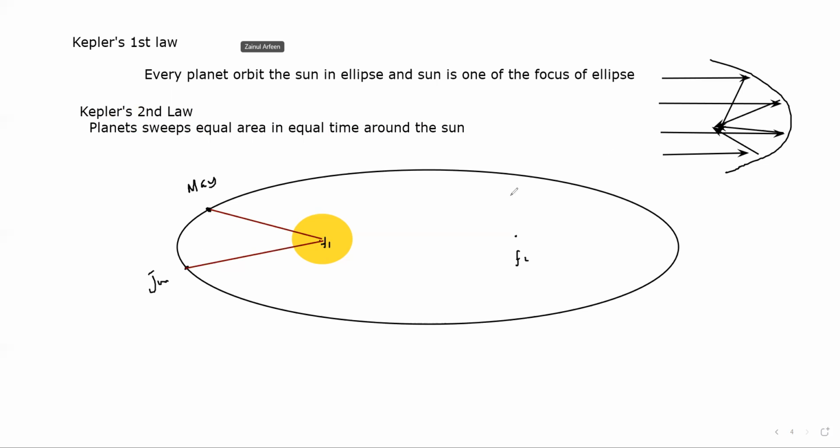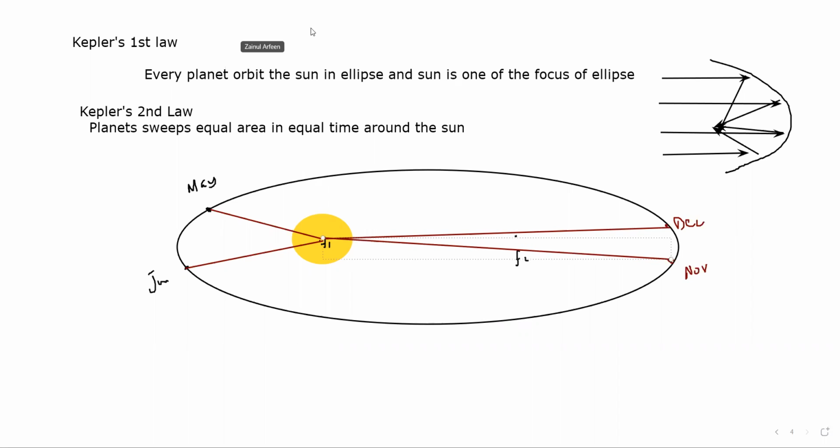Same thing, for example in November, at this position in winter, and this will be December after a month. When we calculate this area with the Sun as the focus, it will sweep out the same area.